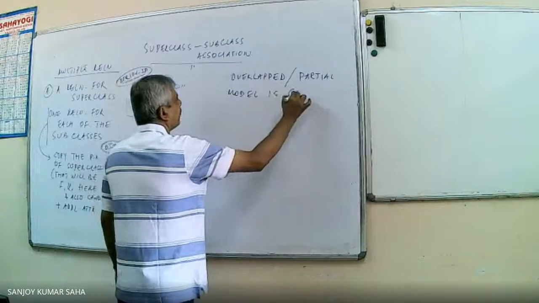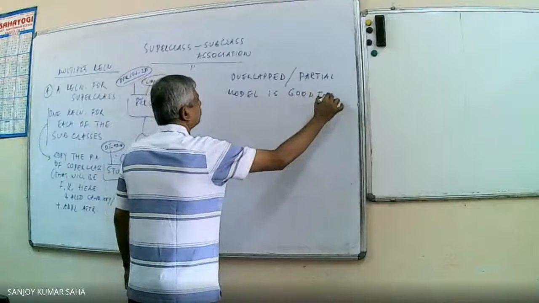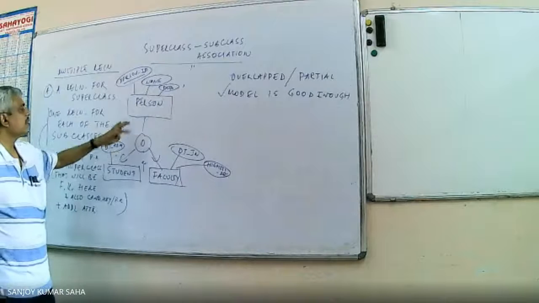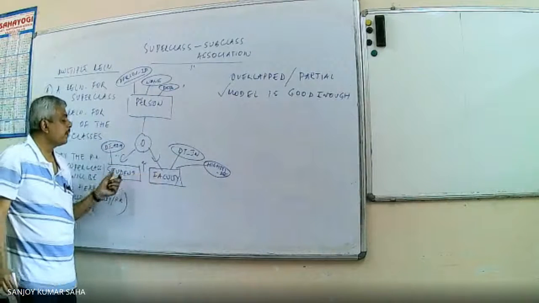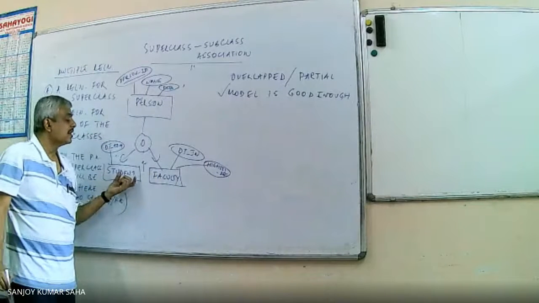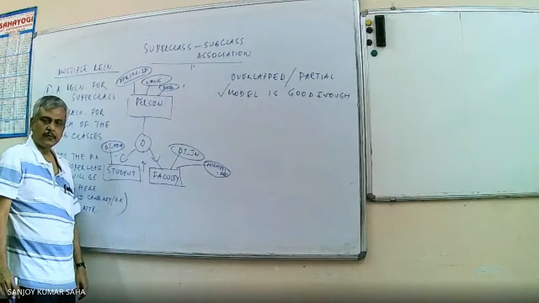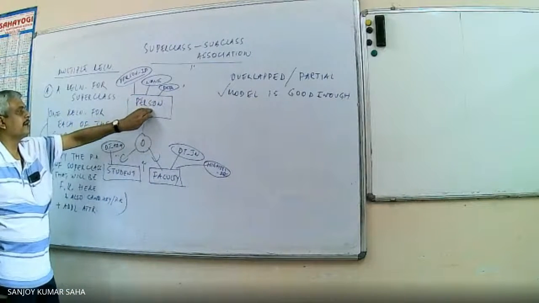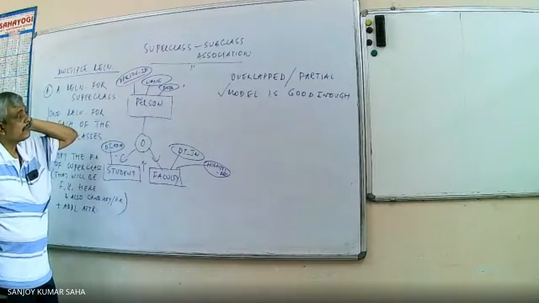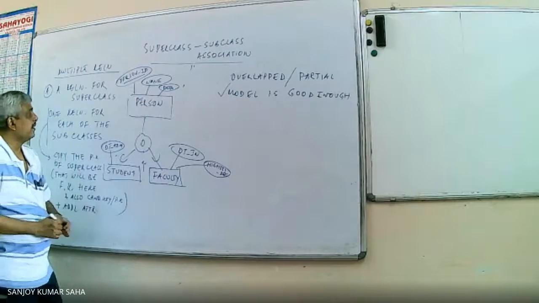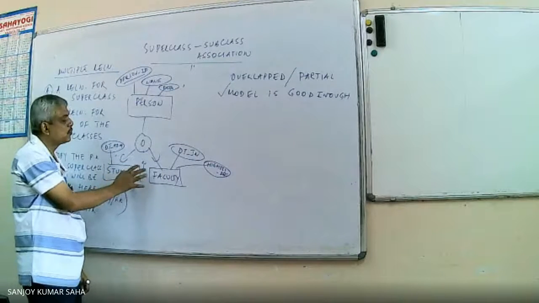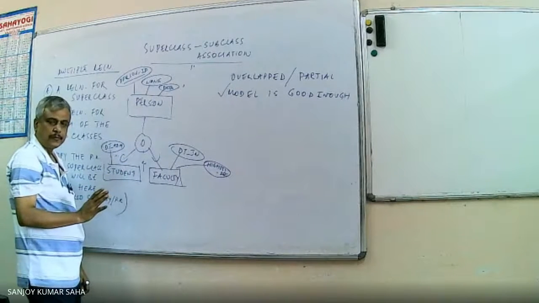Model is good enough. See, as this is partial, some of them may be neither student nor faculty. So that will remain only in the person. And again, if it is overlap, say the person is both a student and a faculty, say PhD student and the faculty both.